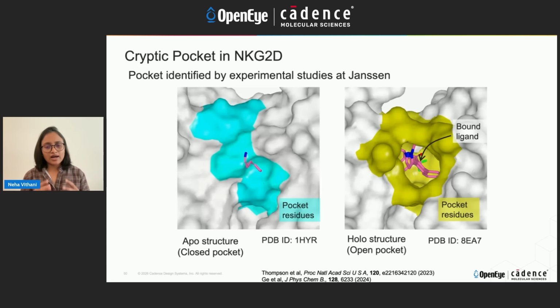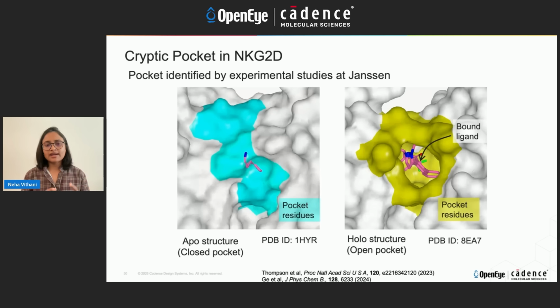This pocket was identified by running extensive screening studies, and it was detected in experiments only when the right molecule could bind to this cryptic pocket. It was found to be particularly challenging to identify this pocket by computational studies like induced fit docking and 50 microsecond long brute force molecular dynamic simulations.